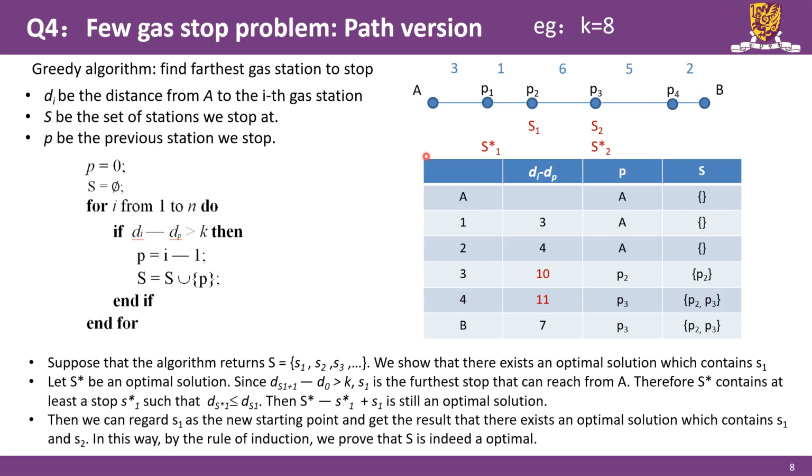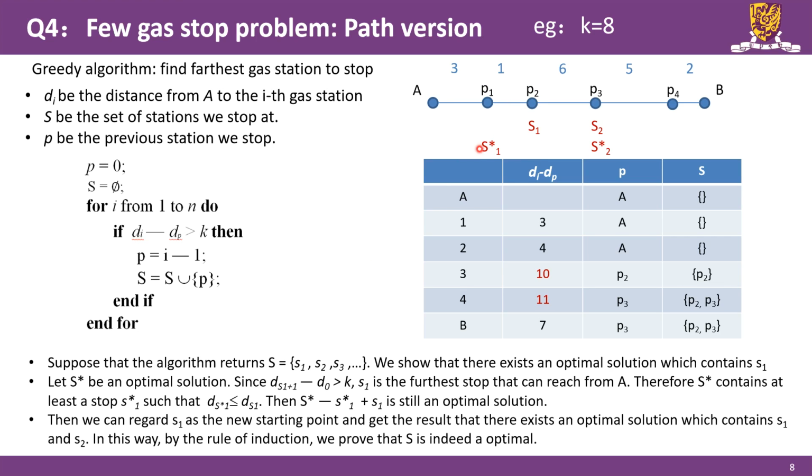So suppose the optimal solution that we select is this solution, that is P1 and P3. Since our algorithm will return the furthest gas stop that we can reach from A, the first element of the given optimal solution will always be the former gas stop of S1, or at least equal to S1.